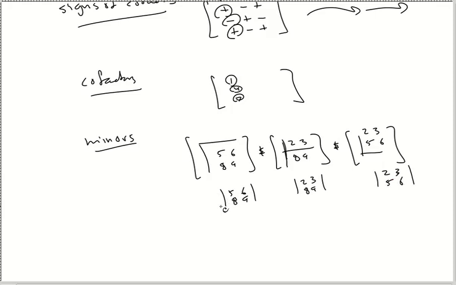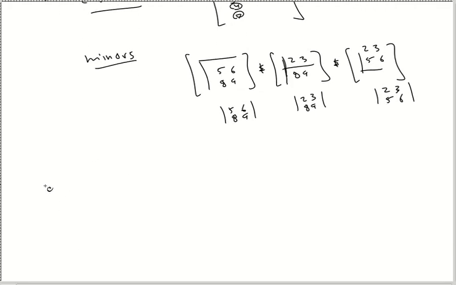Now you have some verbiage for whenever I say something like cofactor or minor. So when they say it, now you know. Let's go on to one more thing.